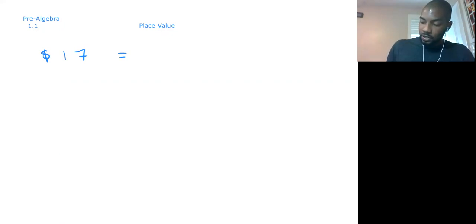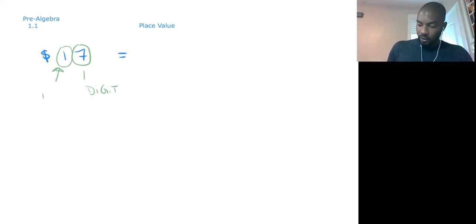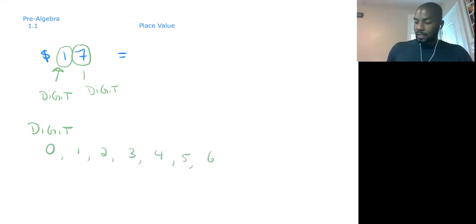Each of these numbers we call a digit. 7 is a digit. 1 is a digit. There are 10 digits total, right? The 10 digits, you know them, are 0, 1, 2, 3, 4, 5, 6, 7, 8, and 9.